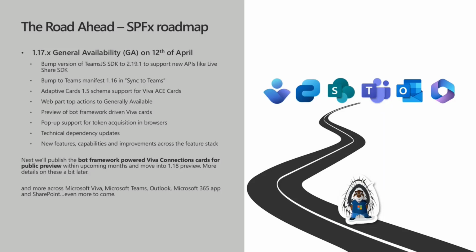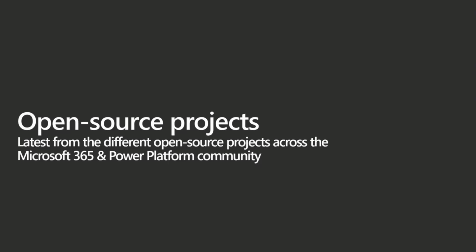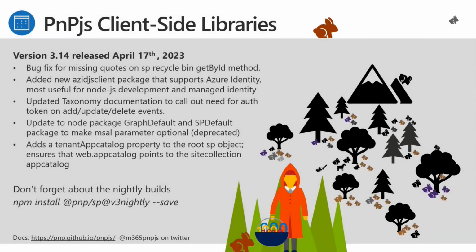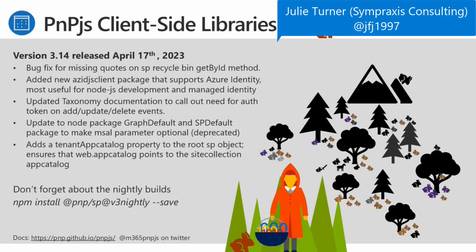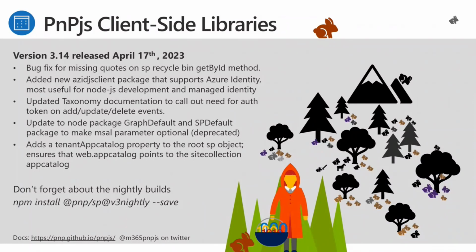From engineering side, let's move to the open source projects. Let's talk about the open source projects and moving on to PnPjs. Julie. Yes, so we did the release for version 3.14 on Monday the 17th. We had to move it because I was on vacation. Anyway, we had a bug fix for some missing quotes in that recycle bin get by ID method, so that got fixed up.